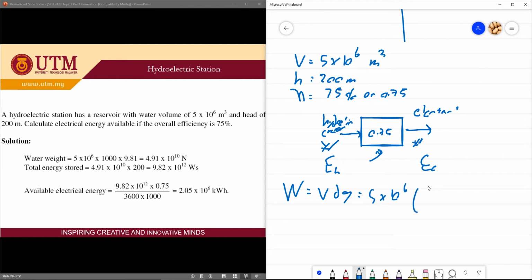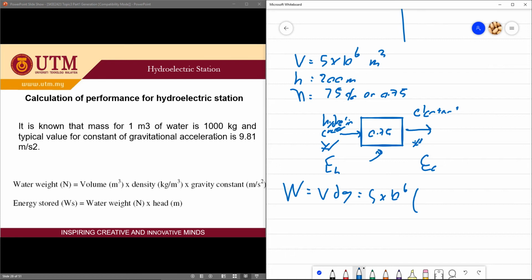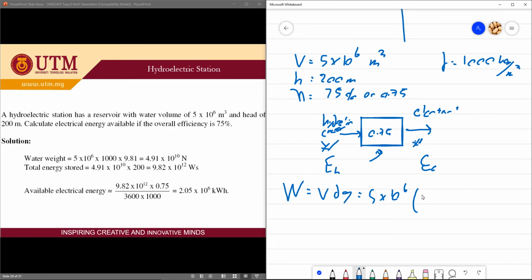Okay, density, remember the water density here. Water density is 1000 kg per meter cube. This is important, you need to know the density of the water. So of course 1000, and then multiply by the gravity. Gravitational acceleration 9.81 meter per second squared. And then you get 4.91 multiplied by 10 power of 10 Newton.